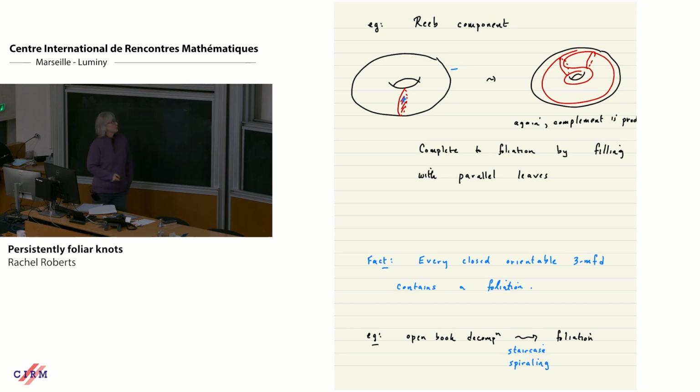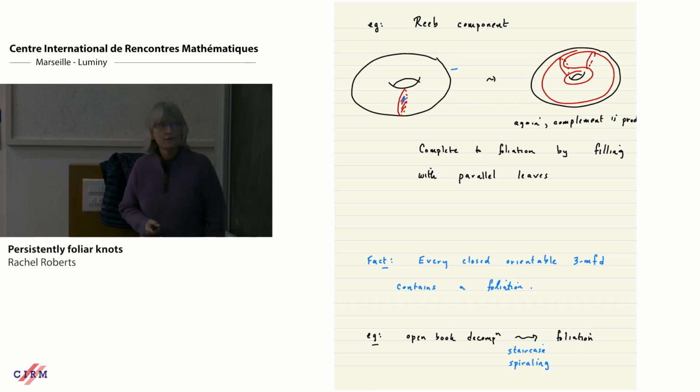Then the Reeb component is the Reeb foliation of my solid torus. Again, the complement of the black torus and the red copy of R2 is just a product. So you can fill in with just copies of that R2 to get our Reeb foliation.